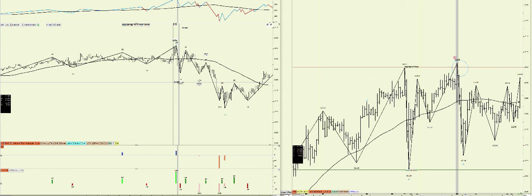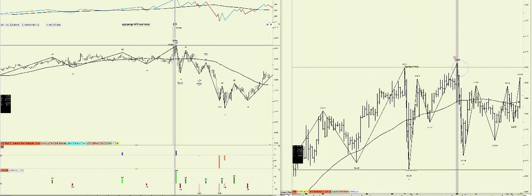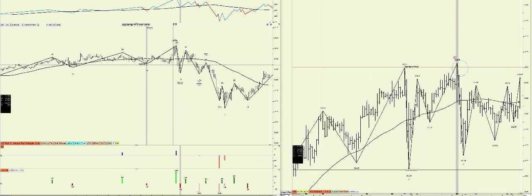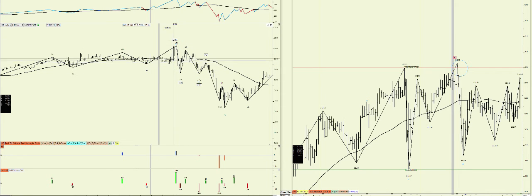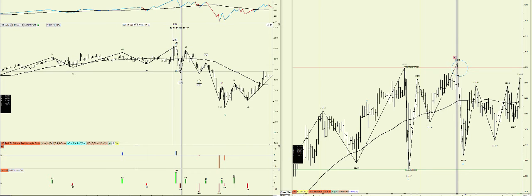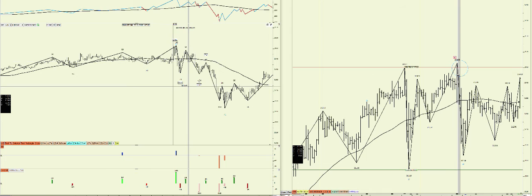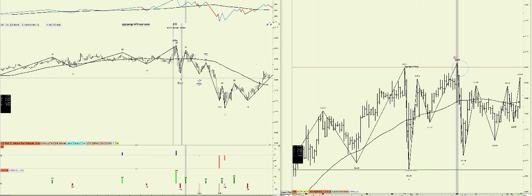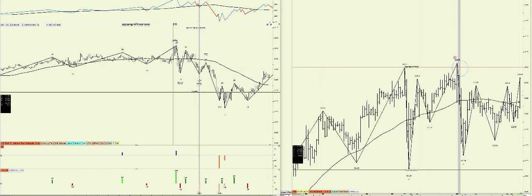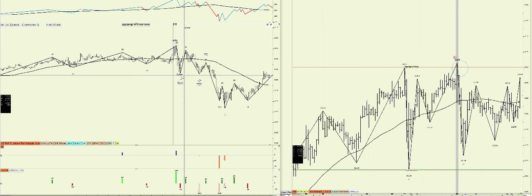Bottom line, it takes less work to go down more than the amount of work it takes to go up. Less work, more progress on the way down. Why? The support orders are not there. What else is telling you that? The wide-ranging bars. It's telling you that the support orders are no longer there.